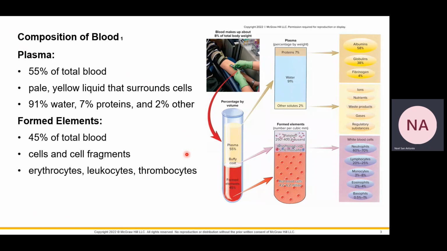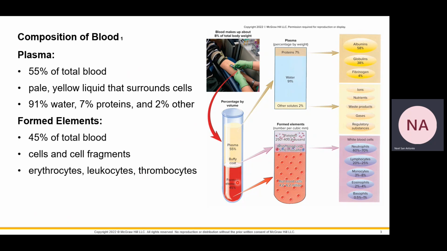Okay. Now, the blood is composed mainly of two components, and that is the plasma and the formed elements. As you can see, when our blood is subjected to a centrifuge, you can actually separate the liquid portion and the formed elements of the blood.